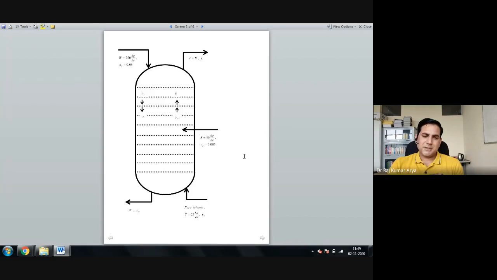So this is what your extraction column is. Here you have some material which contains your aniline, and it is being extracted with your toluene.